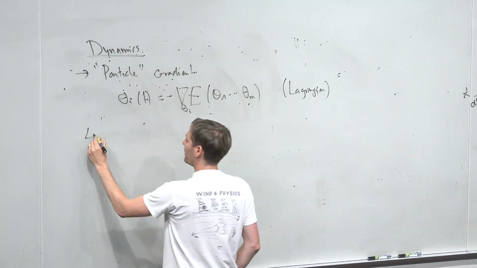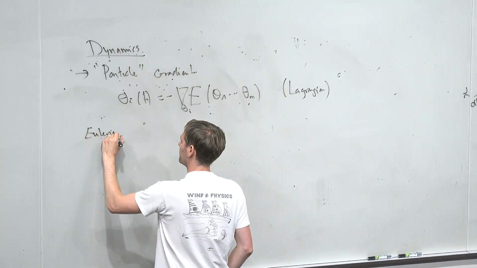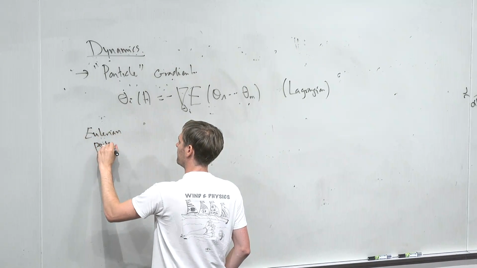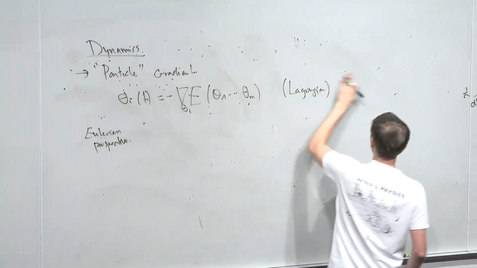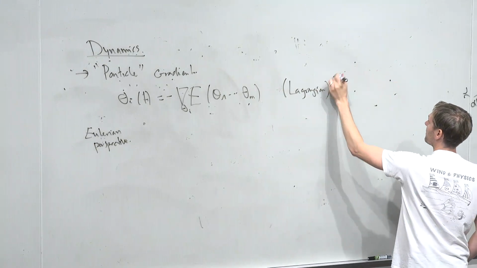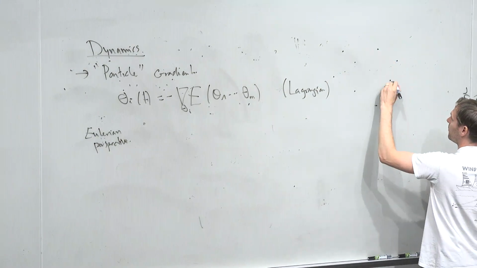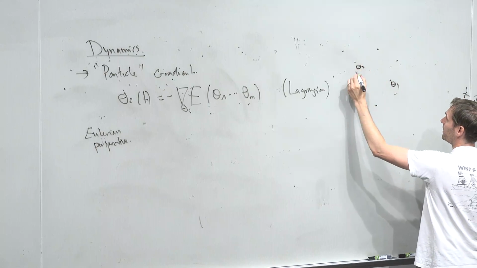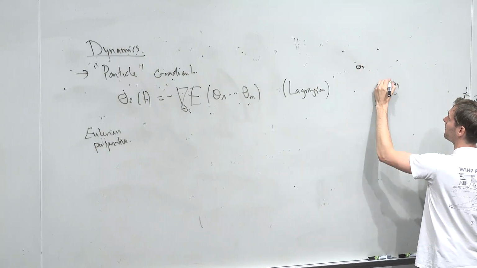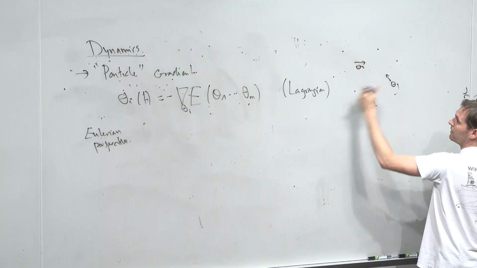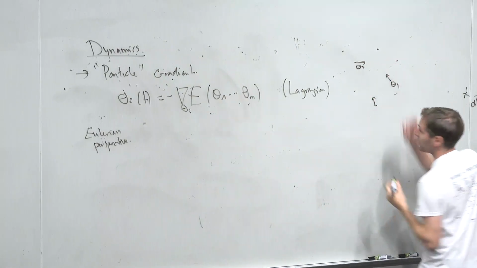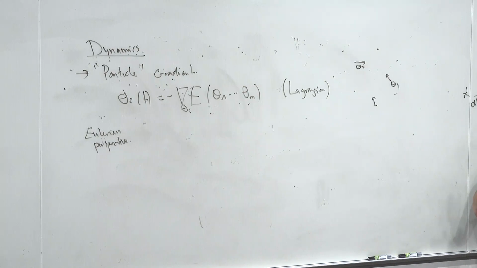So now what would be the Eulerian perspective? In the picture, we have our particles, like theta 1, theta 2, etc. And every theta has a velocity, right? You have a velocity that is given by this object here. So what would be the Eulerian perspective?